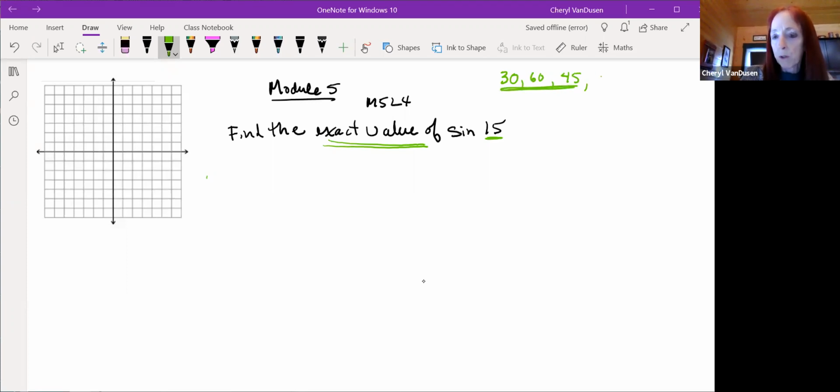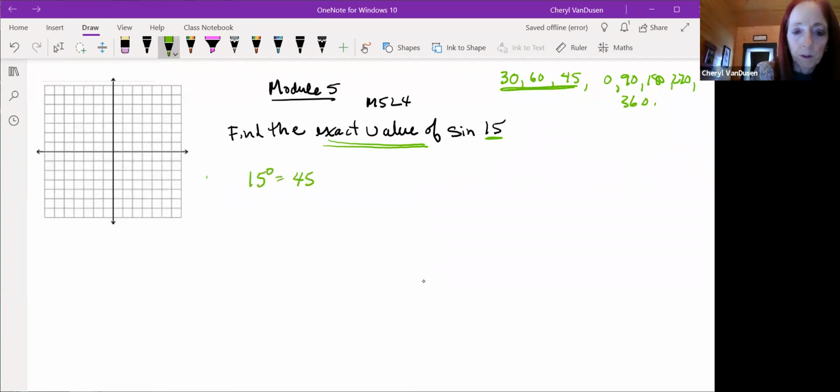We also could deal with anything on the axes, so 0, 90, 180, 270, 360. All of those are nice and easy to find answers for. 15, not so much. But 15 degrees is 45 degrees take away 30 degrees. Or you could do 60 take away 45. Truly doesn't matter. You're going to come up with the same answer.